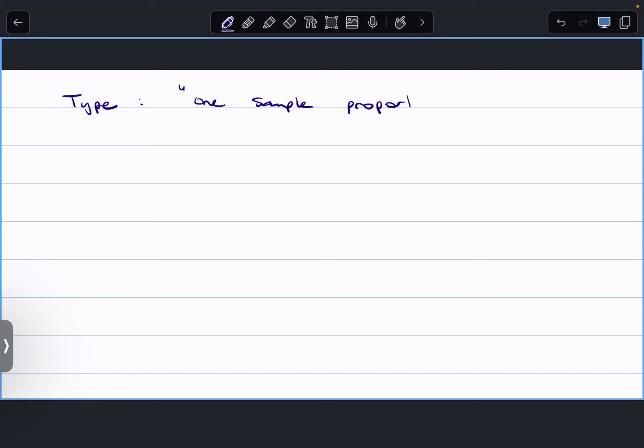We used it to introduce ideas about confidence intervals, hypothesis testing, and decision errors. All those skills we'll use again for the new type today, which is two sample proportions.